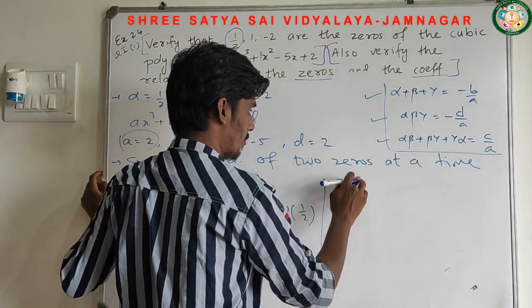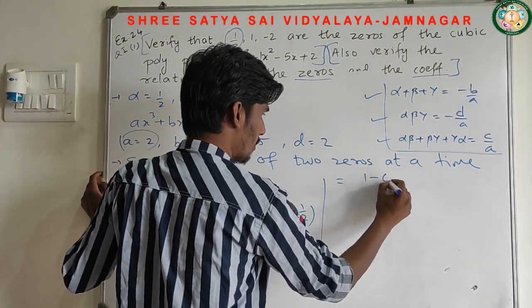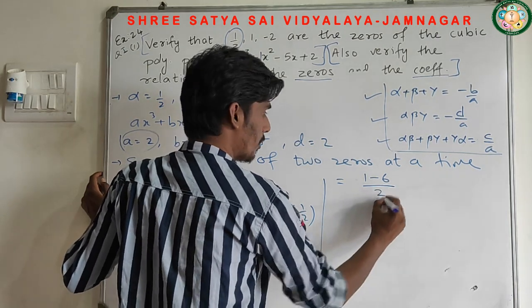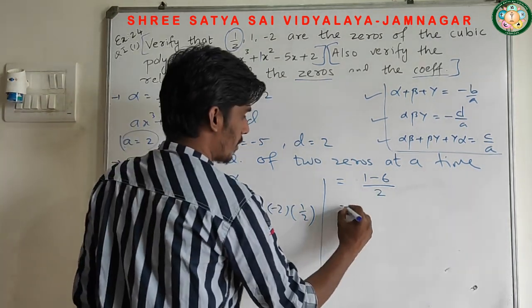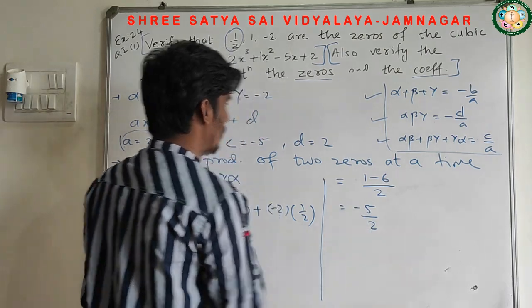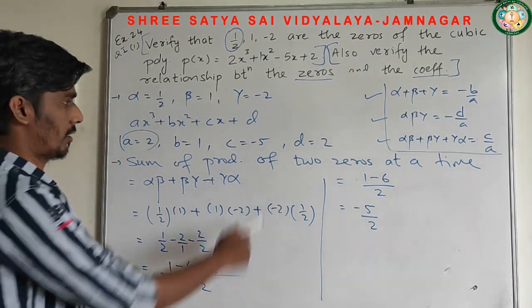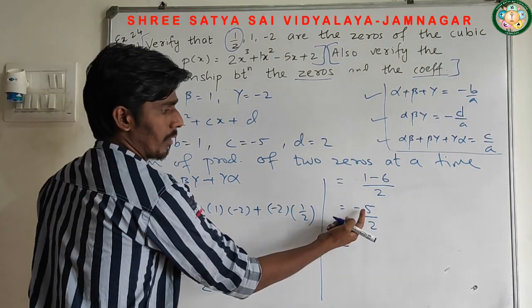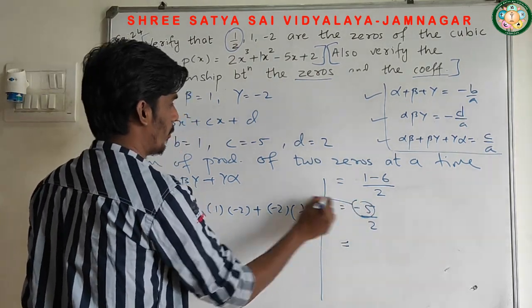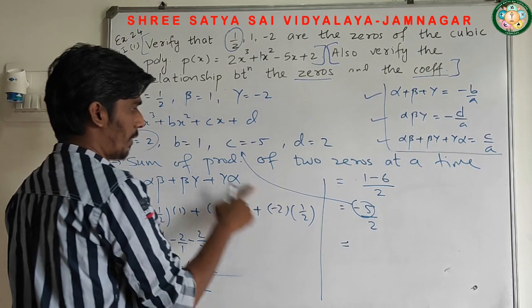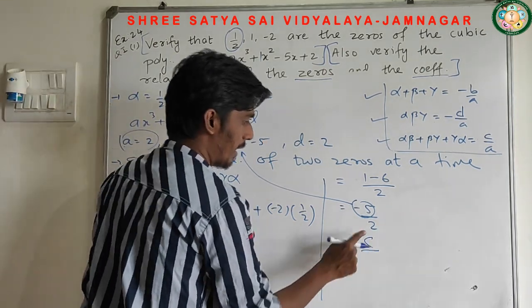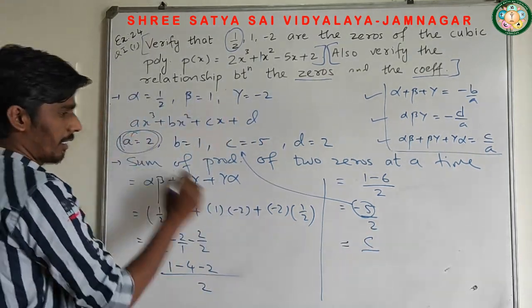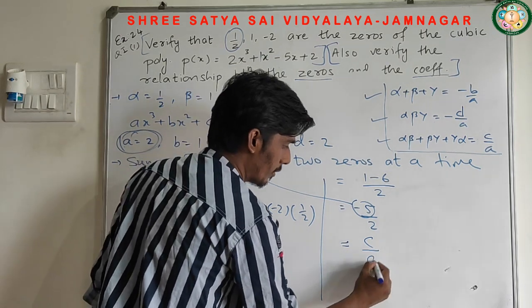Minus 1 minus 6 upon 2. So this is minus 5 upon 2. Now if you look at this, minus 5 is equal to what? c. Now instead of this minus 5, I'm going to replace it by c. Minus 5 is c, and this 2 is what? a. So instead of 2, I'm going to write a.